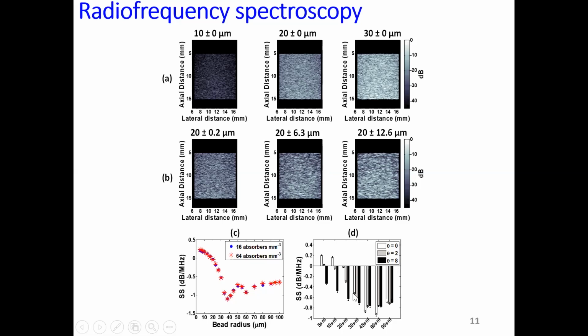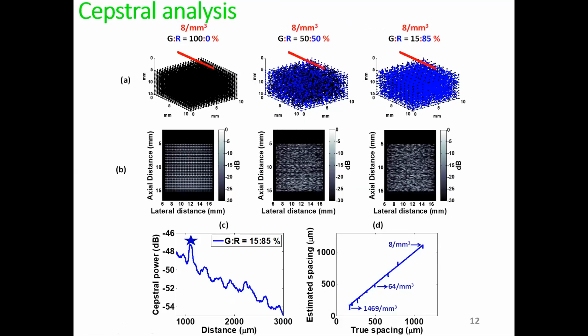So as the polydispersity increases, just like the absorber size increases, the spectral slope parameter is a quantitative parameter which decreases with increasing size. And once again, this relationship holds true for as long as your transducer frequency approaches a ka equal to 1.